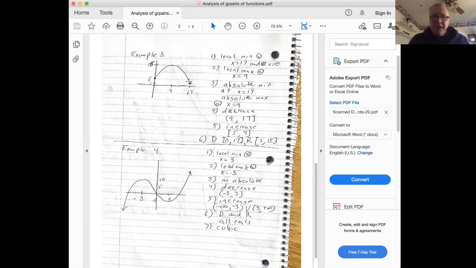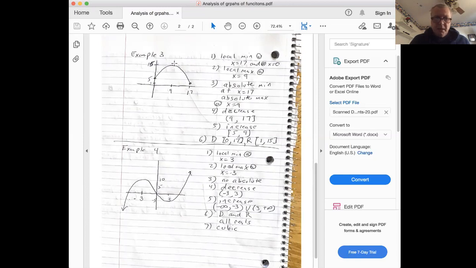And so for here, we start at x equals 0 to 17 for the domain. The range looks like it starts at 1 and goes up to 15. So we have a local min at x equals 17, and over here a local min at x equals 0. Those are the low points of the graph, if you will.